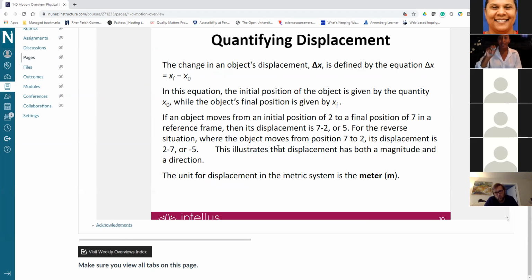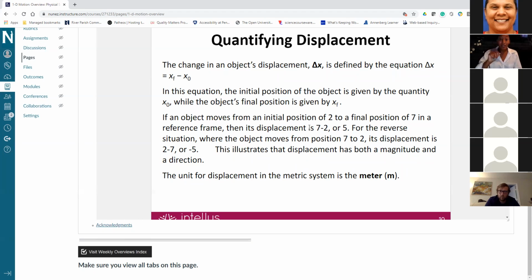Whatever that happens to be, that's how you do the subtraction. In other words, you don't always have the bigger number in front when you subtract. So it says, for the reverse situation, where the object moves from a position 7 to 2, meaning the starting position was 7 and the final position was 2, then the displacement is 2 minus 7, or minus 5.